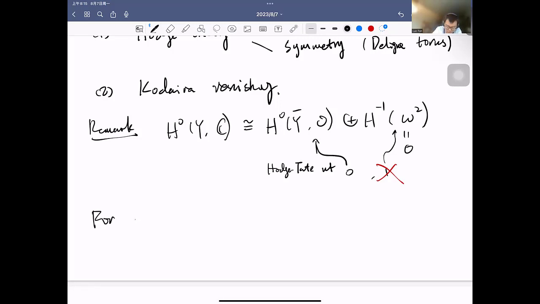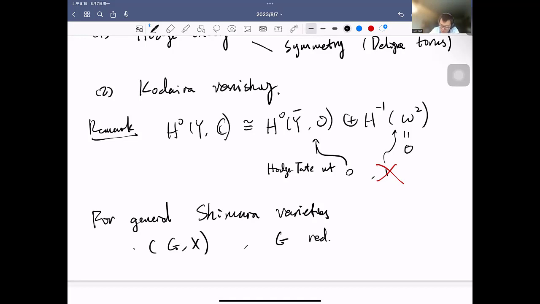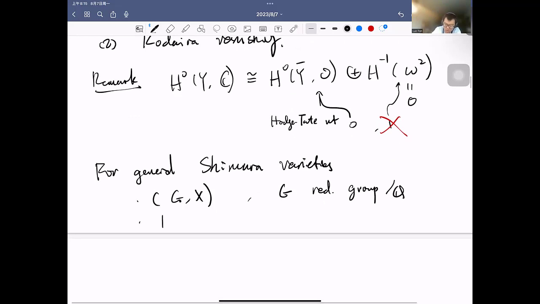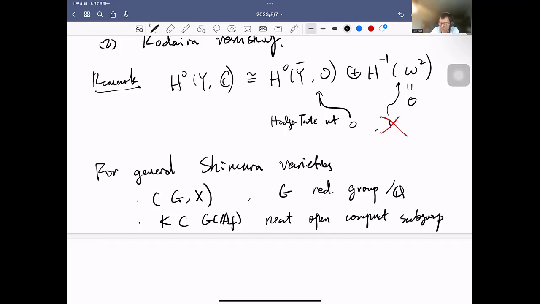So for general Shimura varieties, let (G, X) be a Shimura datum. Here G is a reductive group over Q. And let's say we have a level K, a neat open compact subgroup of G of finite adeles.